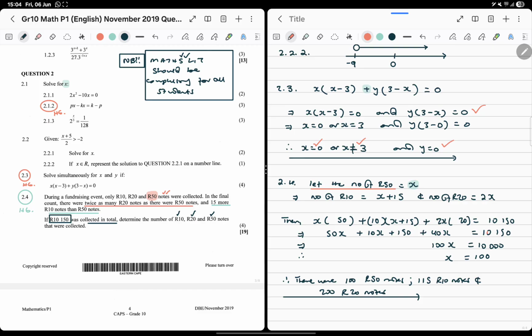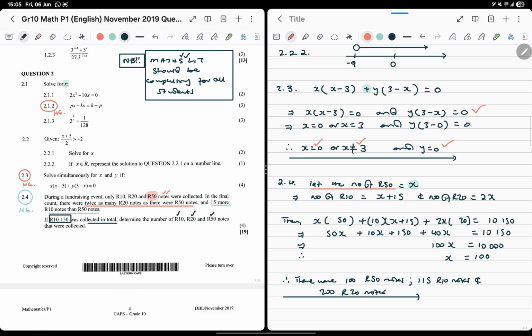And of course, we can check by multiplying these monies with their numbers. So let's say, for example, 50 times 100, we get 5,000, right? Plus, now we've got 115, 115 into 10. This gives us 1,150. Plus, then we're going to have, what was the other one?